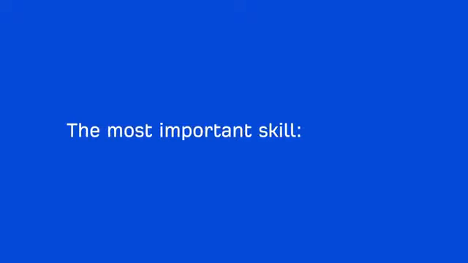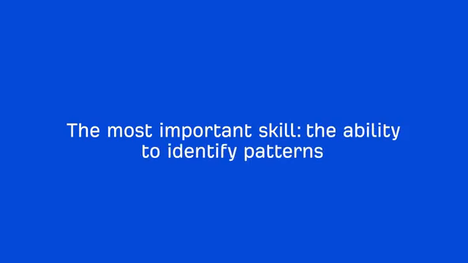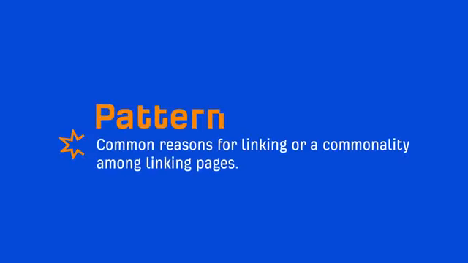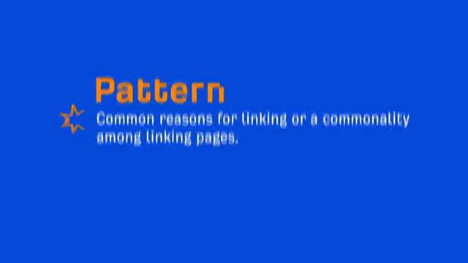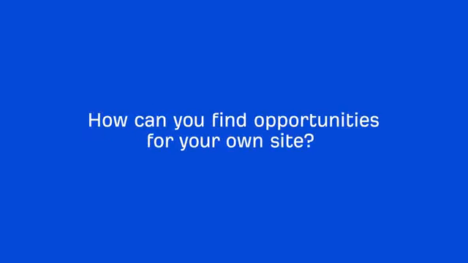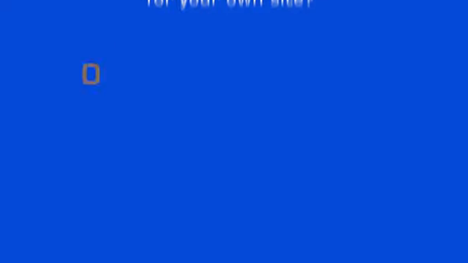Now, the most important skill for a prospector to have when it comes to finding seed prospects is the ability to identify patterns. And by pattern, I'm referring to common reasons for linking or a commonality among linking pages. Now, we've already gone through a couple of examples in the previous module, but I want to talk about how you can find opportunities for your own site. And it's really just about looking for patterns in 3 places when analyzing a competing page's link profile.